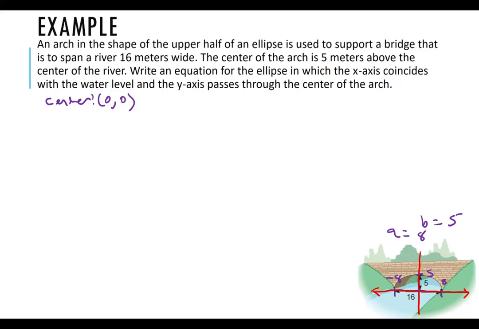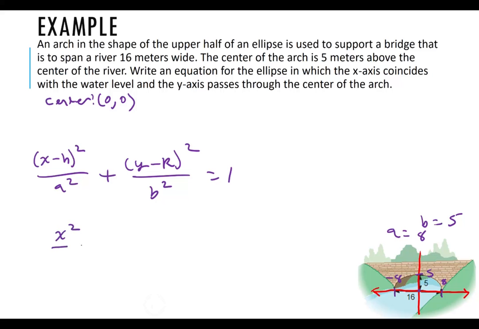And at this point, we have everything we need to write the equation, because we recognize that our major axis is horizontal, and so this is going to be of the form (x minus h) quantity squared divided by a squared plus (y minus k) quantity squared divided by b squared is equal to 1. And since I know what the center h and k are and I know what a and b are, I'm done.